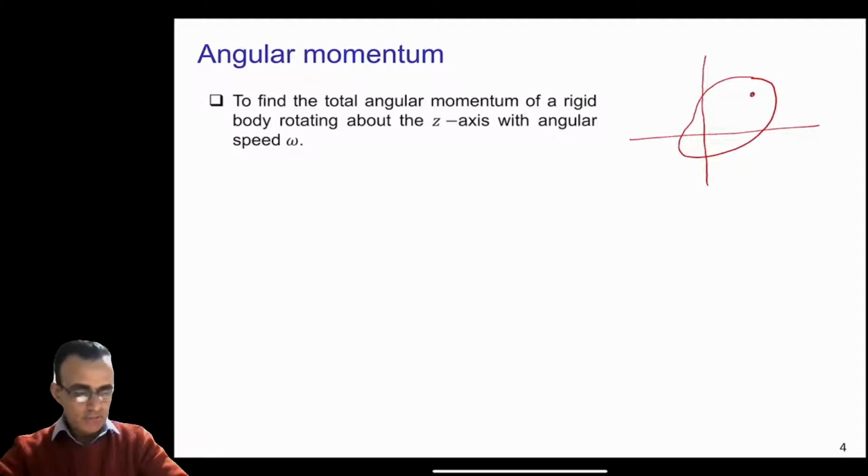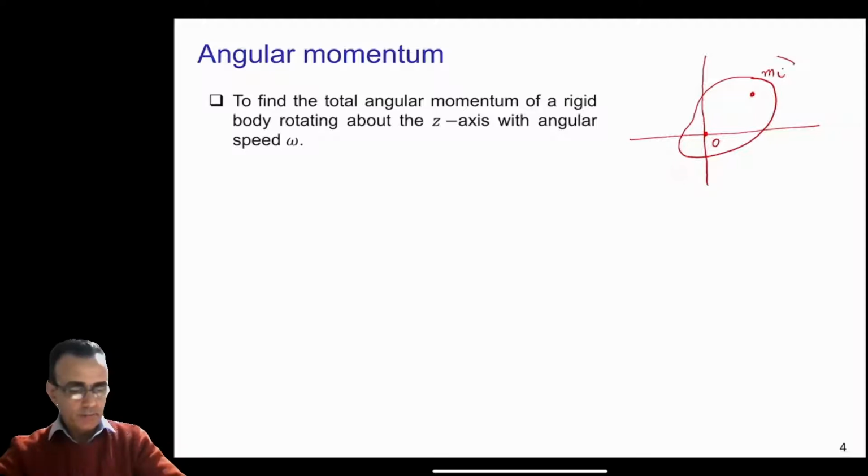Consider this point in the body, whose mass may be mi, and this point O is the axis of rotation.